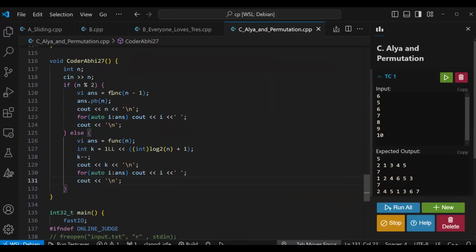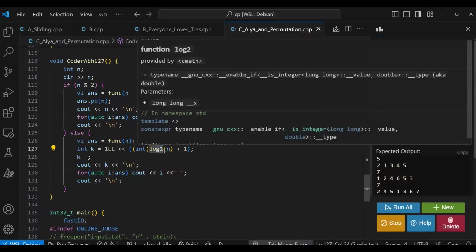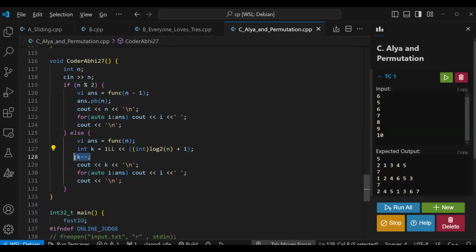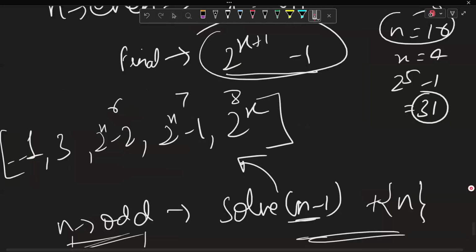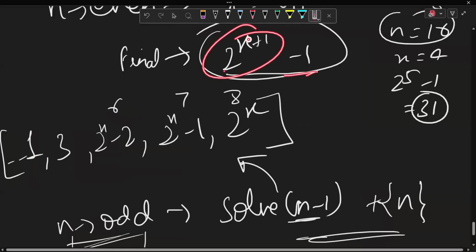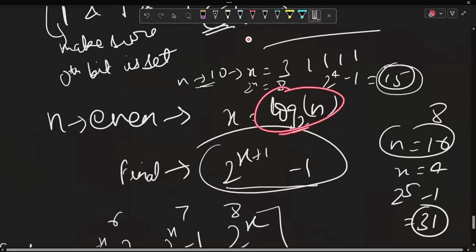Okay, now let's move to the function. For the even case, my answer was directly the function. Maximum k I can get was 2 to the power x plus 1 minus 1. As I wrote here, maximum k I can get was 2 to the power x plus 1 minus 1, where x was log base 2 n.